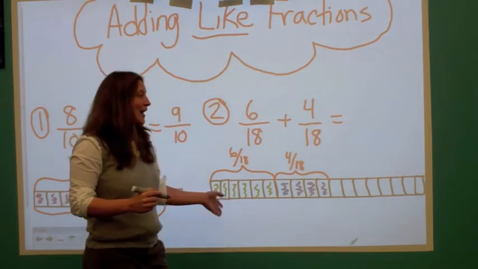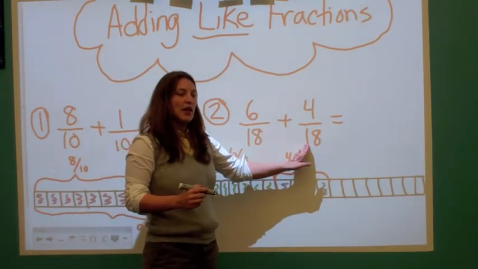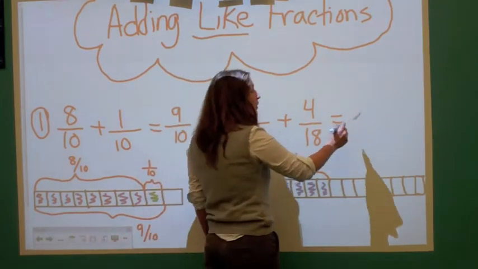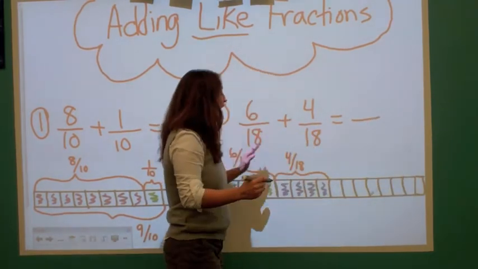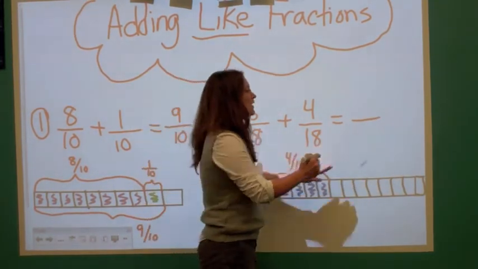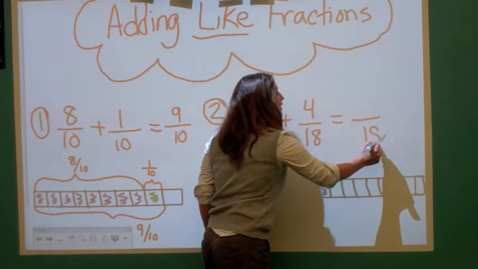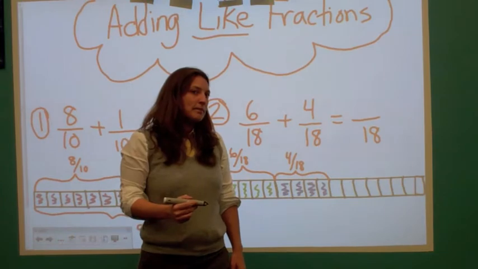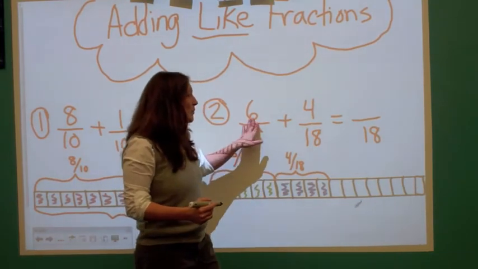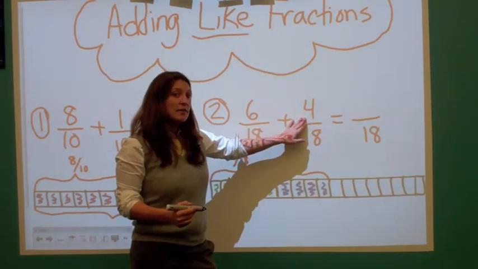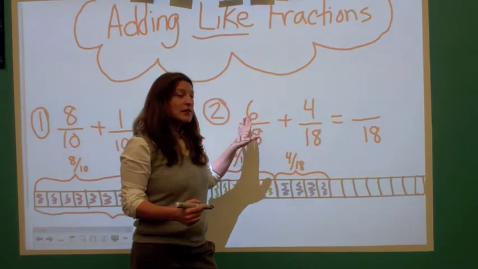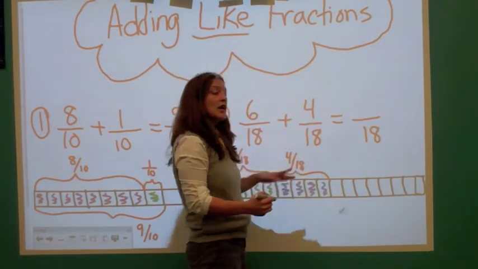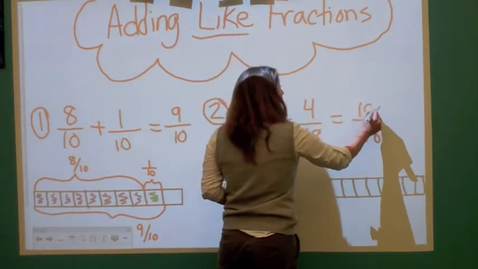Since I'm adding these two fractions together, and I know that when I add like fractions, I just keep my denominator the same, I'm going to have 18 as my denominator. So the only two numbers that I'm going to have to add are the numerators. So 6 plus 4 gives me 10.